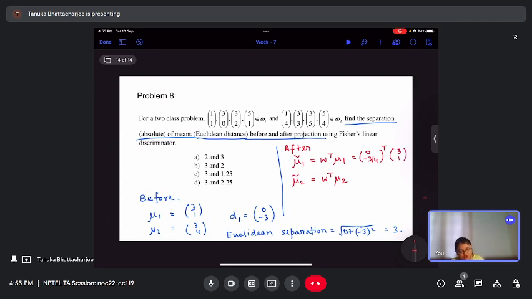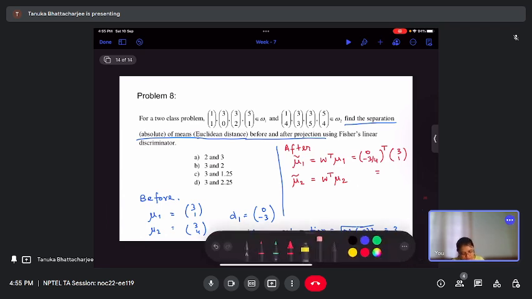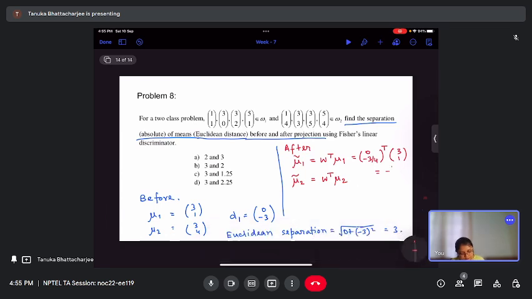Okay. So we have mu 1 tilde as minus 3 by 4. Mu 1 tilde is minus 3 by 4. And similarly you have mu 2 tilde which is W transpose mu 2, that is equal to 0 minus 3 by 4 transpose, mu 2 is 3 4.